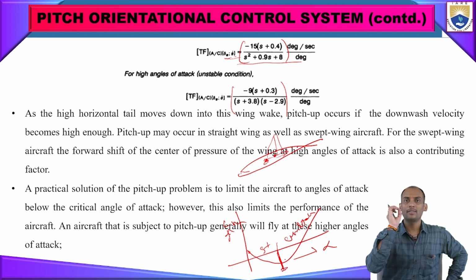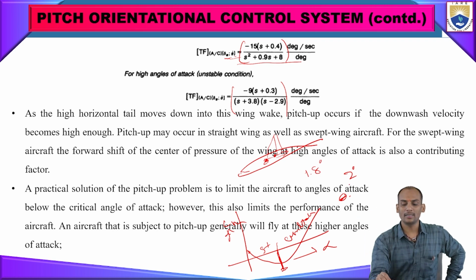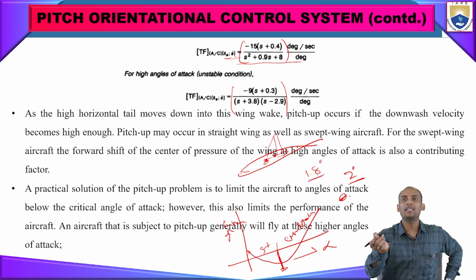Whenever we give a control input to the system, that control input will be stopped before reaching its critical value. Suppose the critical value is 2 degrees, then 1.8 degrees will be the highest value. That means 2 degrees is the critical value, and 1.8 degrees will be the maximum.